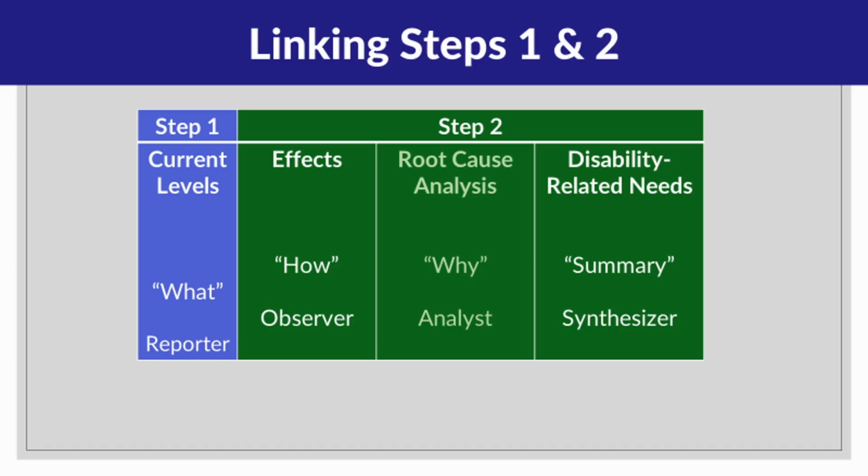And finally, synthesizes this information into summary statements, clearly describing the student's disability-related needs. The student's disability-related needs represent the areas or skills that should be addressed to address the effects of the disability and improve the student's access, engagement, and progress in the general education curriculum, instruction, activities, and environments.